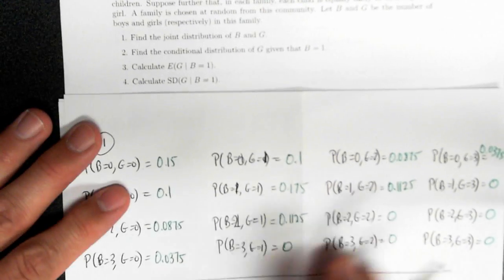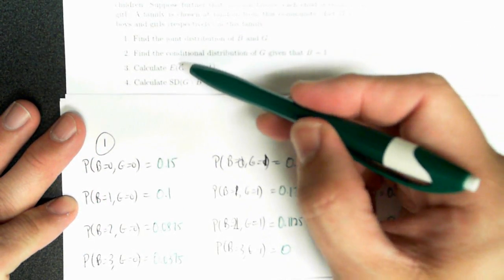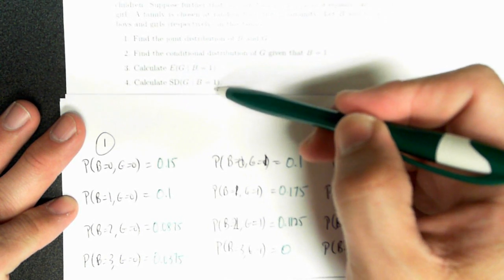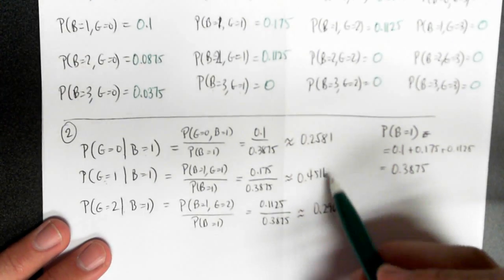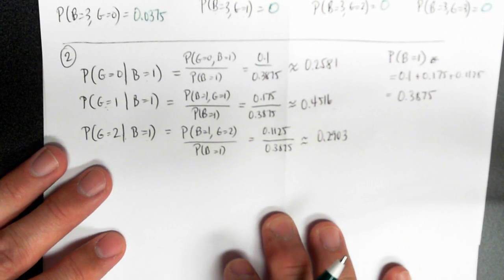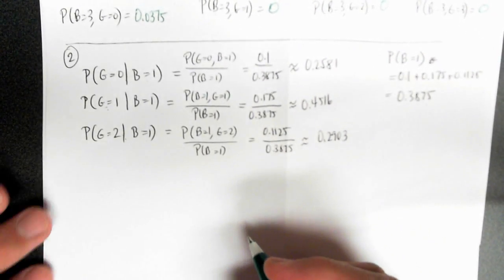Part 3 of the problem, and well, let's just look at part 3 and part 4. Part 3 and part 4 says to find the expected value of G given that B is equal to 1 and the standard deviation of G given that B is equal to 1. So I just simply use these three probabilities to find the expected value of G and the standard deviation of G under this condition that B is equal to 1.